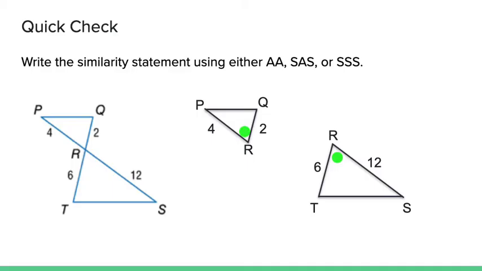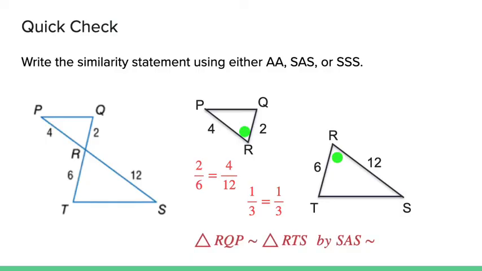Now I look at the ratio of corresponding sides, short side over short side, and then longer side over longer side. Do these fractions simplify to the same ratio? They both simplify to a third. So once again, by side, angle, side, we can write a statement that triangle RQP is similar to triangle RTS. Pay special attention to the order of the letters.